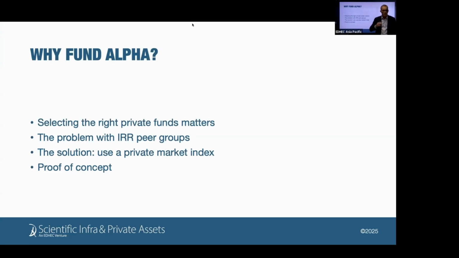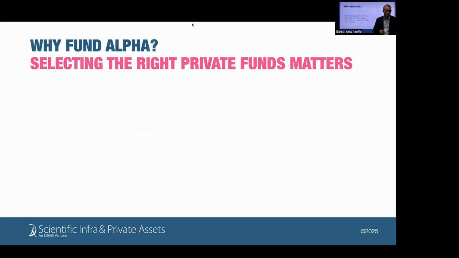And I'll show you briefly, because we've already had a webinar on this a few weeks ago, the proof of concept of how using the index that we produce actually is the best way, the most robust and the most convincing way to measure private market performance relative to that of funds.